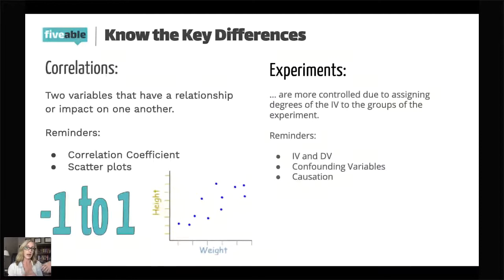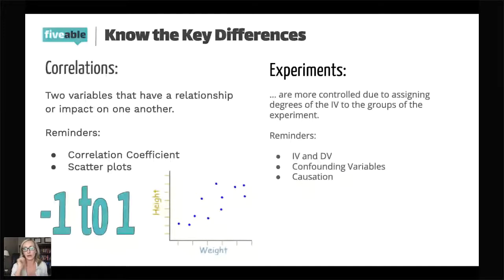I'm going to do that before they take their degrees of the independent variable, and then again after a week of them drinking either decaf or caffeinated drinks. So the operational definition is that I would be using a survey to assess their attitudes.